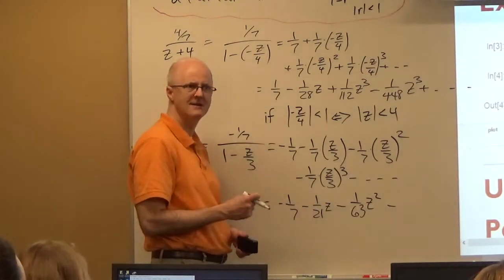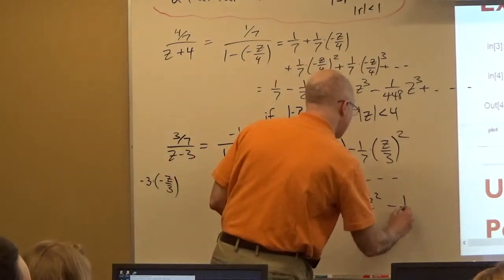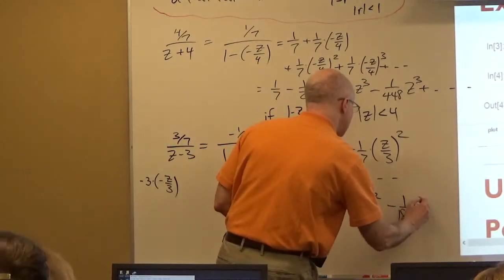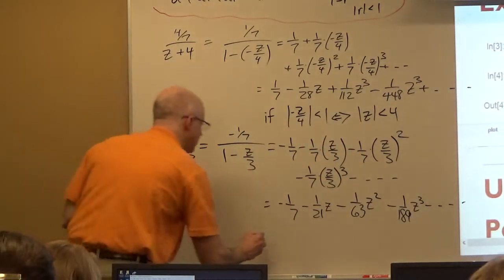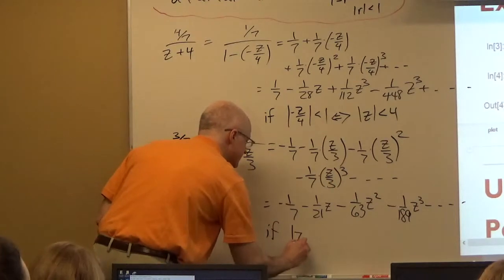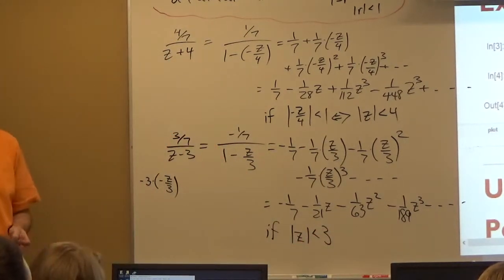Do that for me. 189. That's valid if the modulus of z is less than 3. If negative z over 3 and modulus is less than 1.